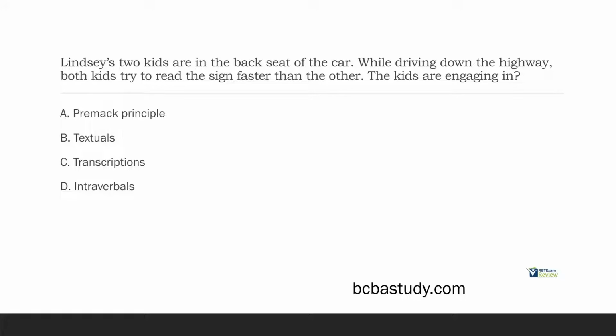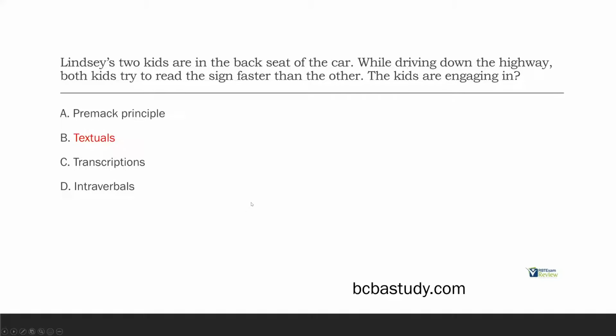You're writing out what you're hearing. Kids aren't writing, they're reading. And then an intraverbal. Intraverbals do not have point-to-point correspondence, right? They're evoked by a verbal SD. If the kids are reading the signs exactly, they're looking at point-to-point correspondence, right? And so when the kids are reading the signs, they're just engaging in textuals.